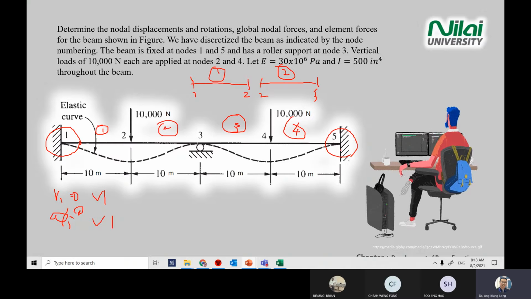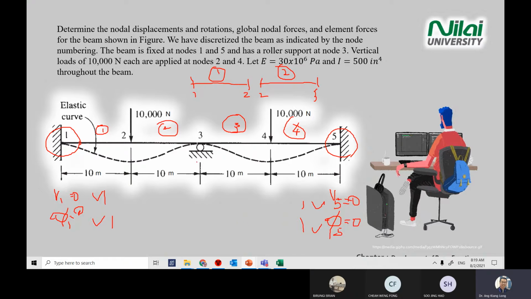Same for V5, rotation 5, also 0. These two give you 1 mark, 1 mark. So by writing V1, rotation 1, V5, rotation 5 equals 0, you get 4 marks.